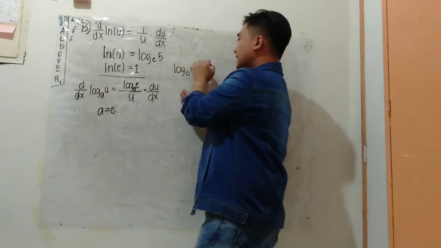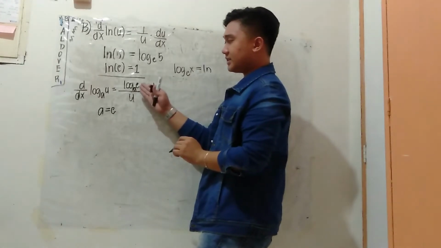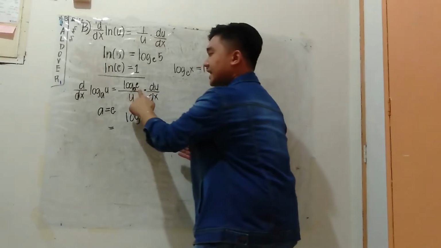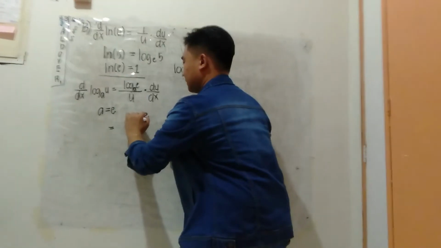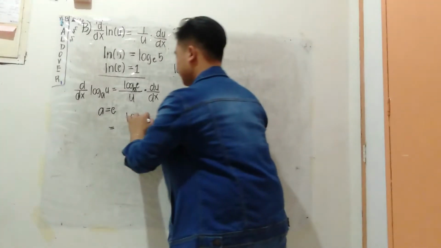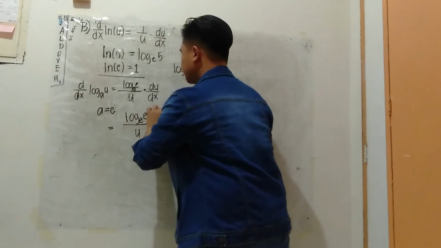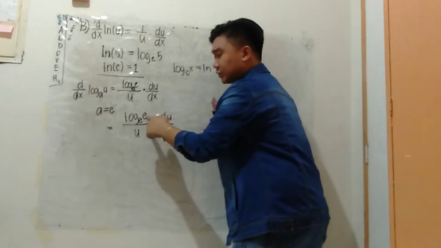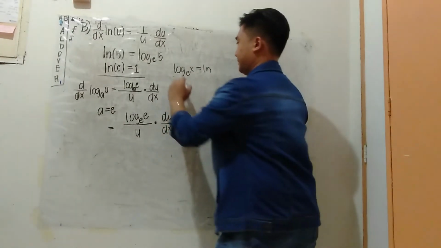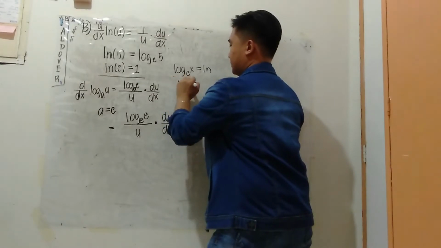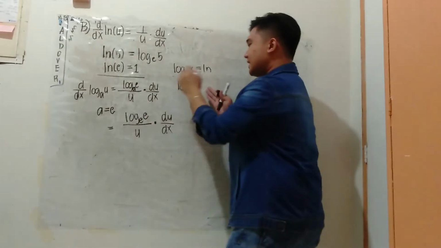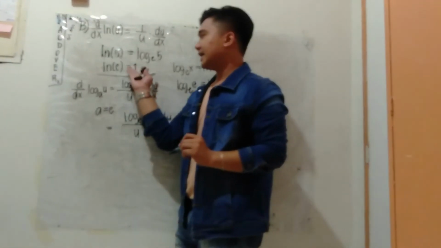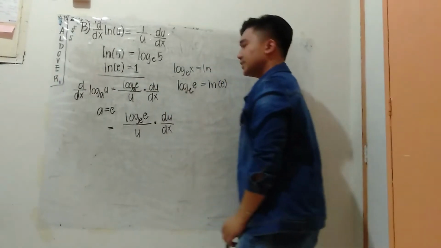Right? That is equal to ln x. So, let's see. Using this formula, that's log of e. What is a? e. That is what's on your calculator. Over u times du dx. But, log of e to the base e is 1. Because the log of e to the base e is just equal to ln of e, and I just wrote earlier, ln of e is equal to 1.